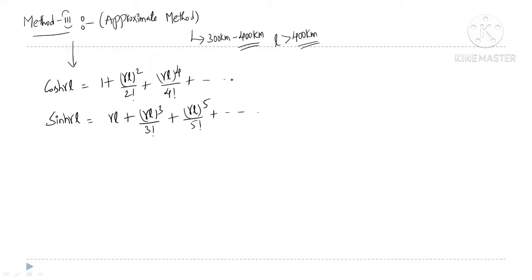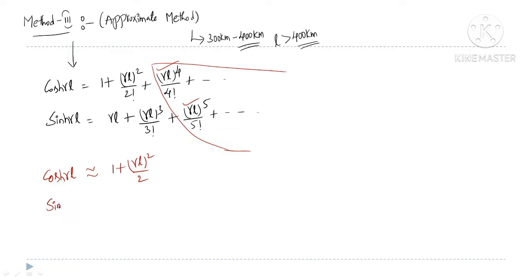We got these two values by just neglecting the higher order terms, by considering only the first two terms. So neglecting these higher order terms, cosh gamma L is approximately equal to 1 plus (gamma L) whole square by 2.